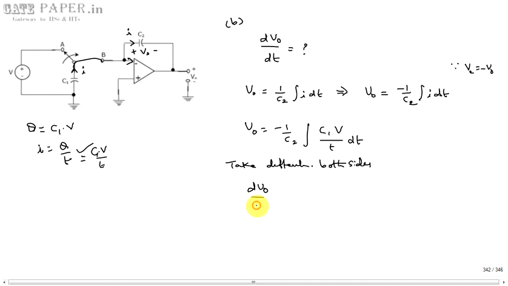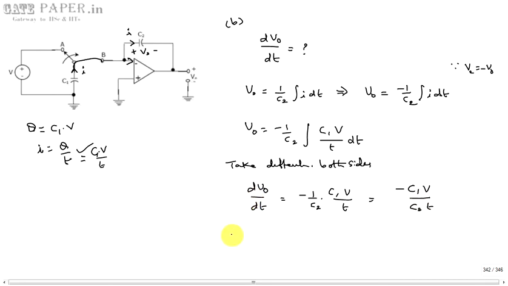So dV0 by dt is equal to minus 1 by C2 times C1V divided by T, since the integration and differentiation cancel. So this can be written as minus C1V divided by C2 into T. This is dV0 by dt.